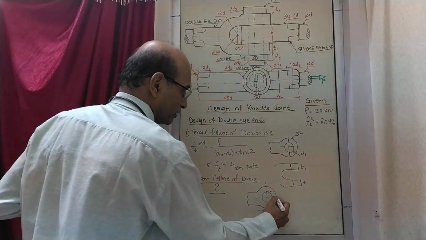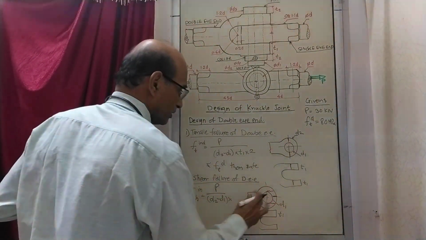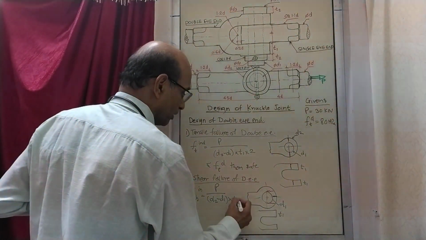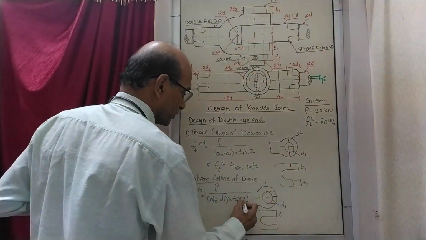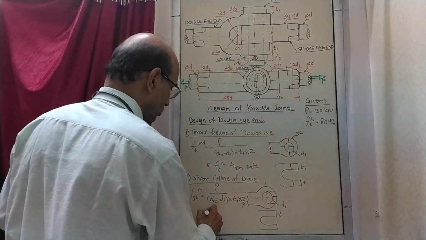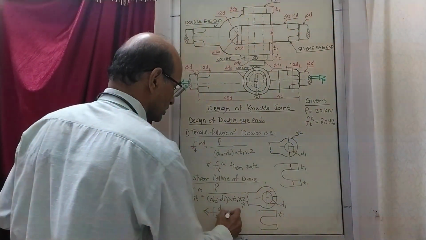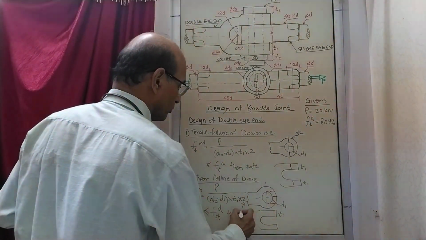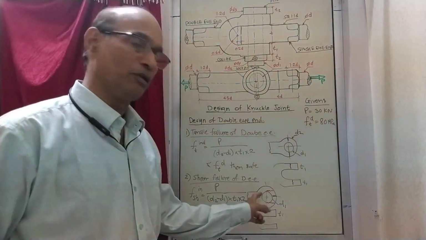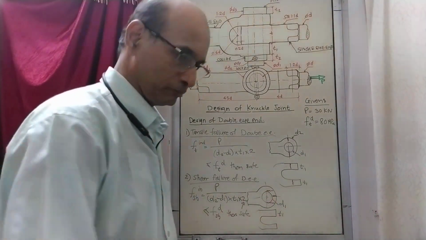Now we have decided to take this area, so that comes as D2 minus D1, so 2 times, so 1 is here, 1 is here, into T1, and this time into 2 will come, because it is here as well as here. So find it out and see whether it is less than the design shear stress, then only it will be safe. So that is the checking of shear failure of the double eye end.